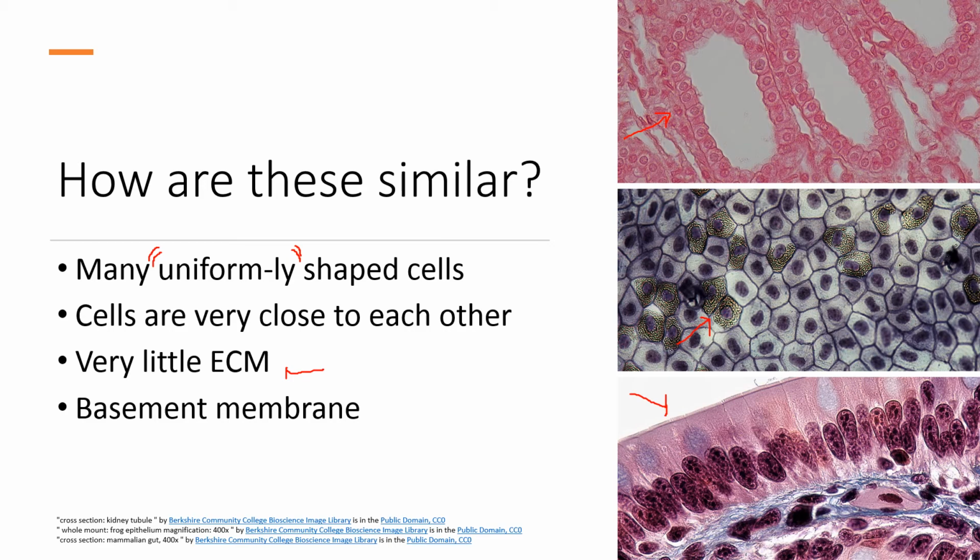The other thing we're going to look at is that the bottommost layer of cells is going to look like it's sitting on a shelf. So we're going to notice one type of tissue on one side of the shelf and a different type of tissue on the other side of the shelf. This shelf is called the basement membrane, and it's secreted by the epithelial cells in the epithelial tissue, but it's also partly secreted by the connective tissue that supports the epithelial tissue.